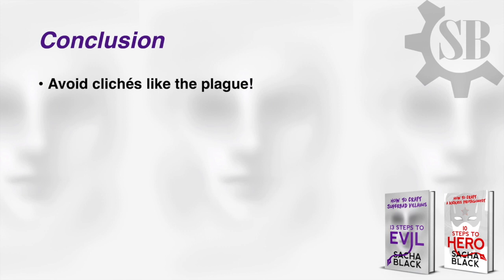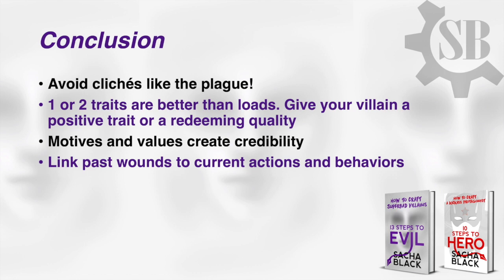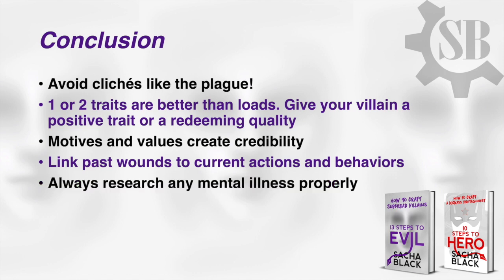Don't forget to give your villain a positive trait or a redeeming quality. Motives and values help to create credibility. Link your hero's soul scars or their past wounds to current actions and behaviours, and if you can, your theme. And make sure you always research any mental illness properly.